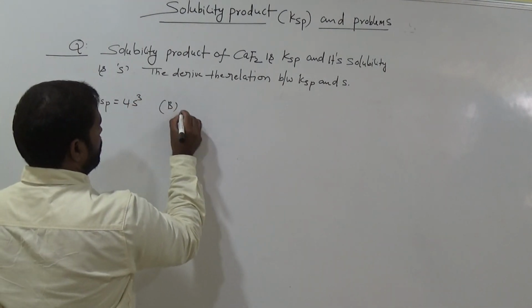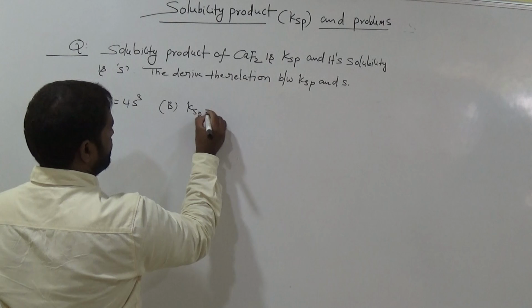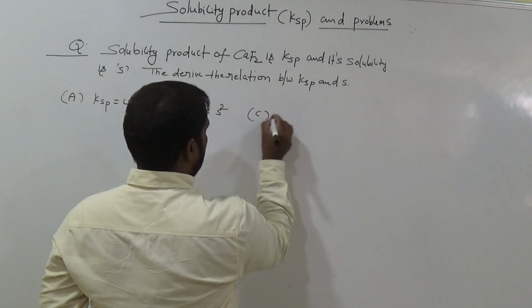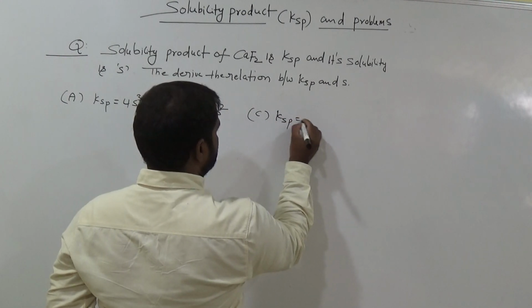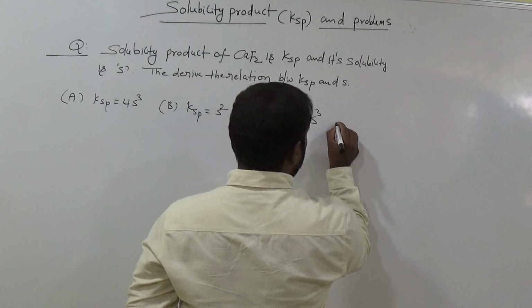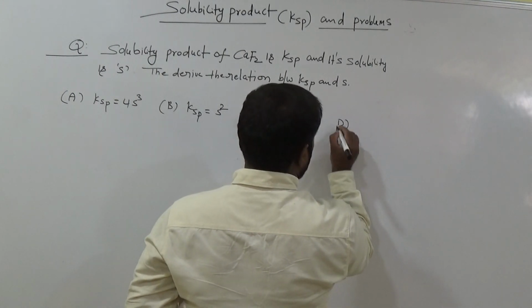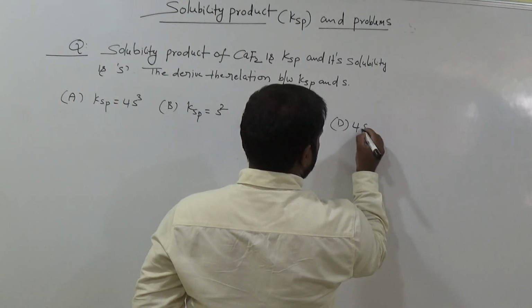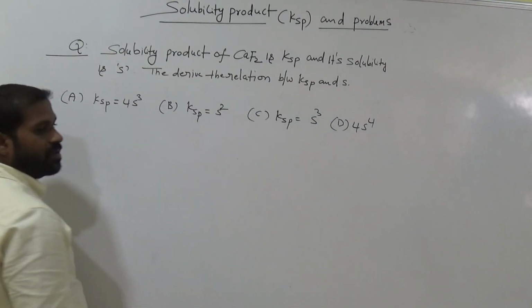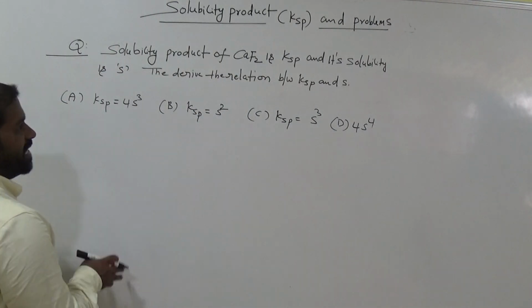Option B, Ksp is equal to S square. Option C, Ksp is equal to S cube. Option D, 4S power 4. Okay. So now which one is correct?